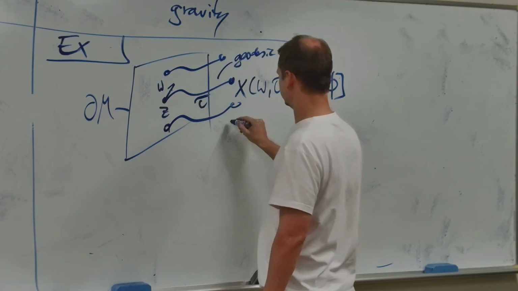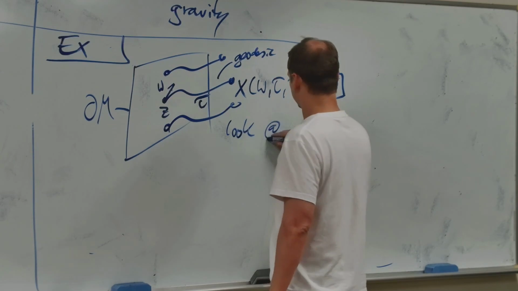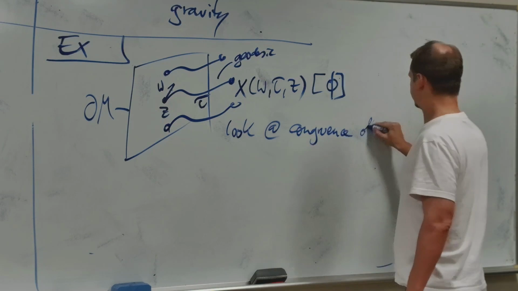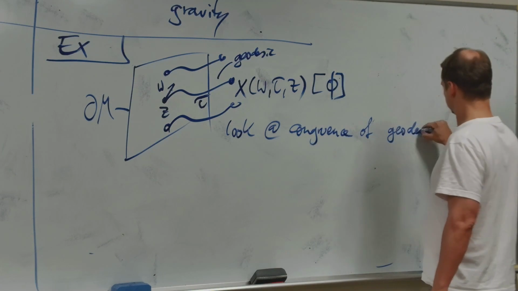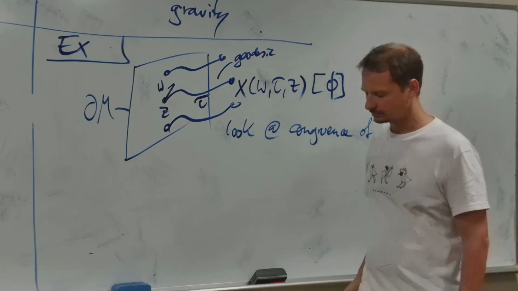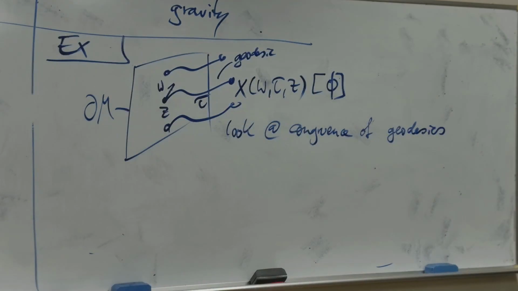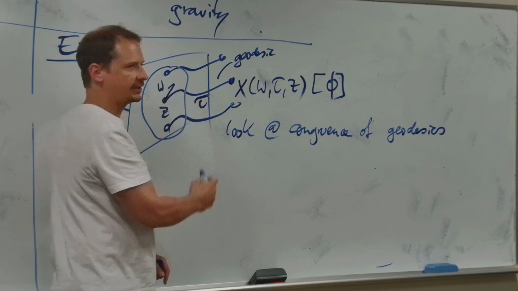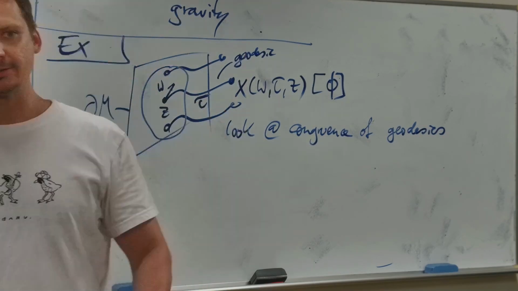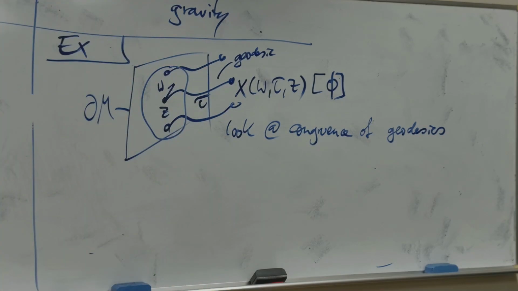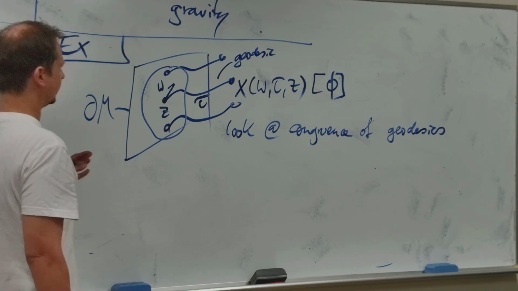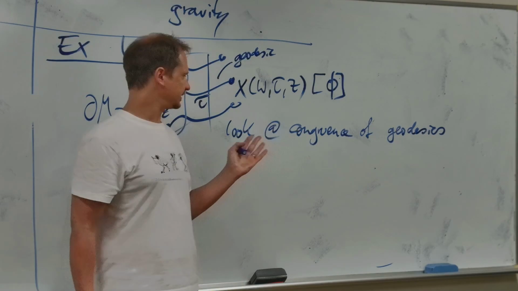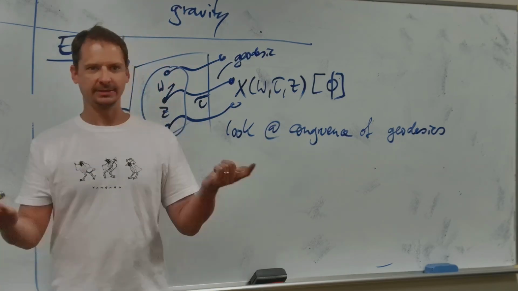So look at a congruence of geodesics, so that for a neighborhood on the boundary, for each point, I have one geodesic that goes in a specific direction. And in order for this to work as a dynamical coordinate system, it really has to be a congruence without caustics.